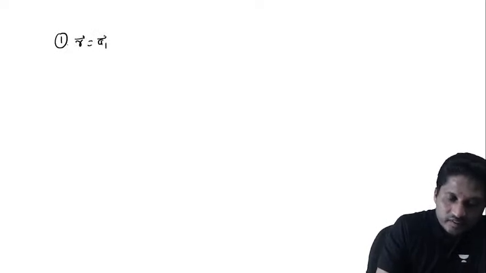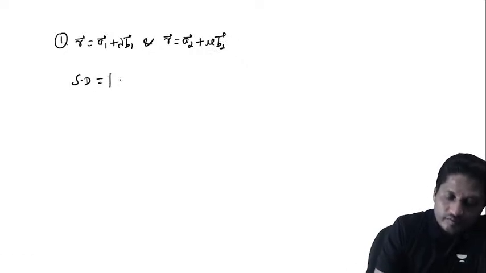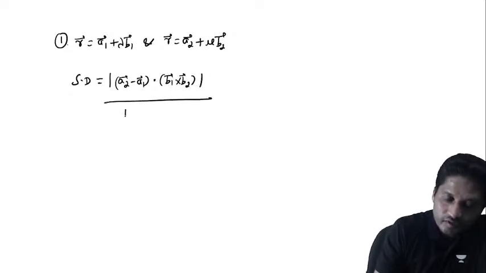If you have two lines, vector r is equal to a1 plus lambda times b1 and vector r is equal to a2 plus mu times b2, then the shortest distance is equal to modulus of a2 minus a1 dot b1 cross b2 divided by modulus of b1 cross b2.